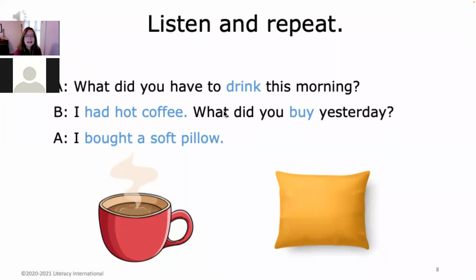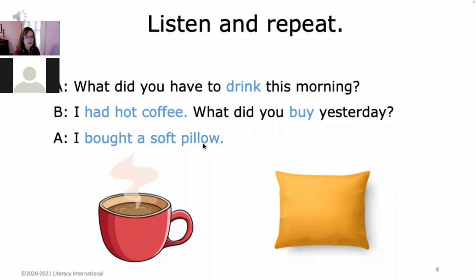So we can start to get them to use these to talk about their own personal experiences. And so we use exercises like this, where we'll be swapping out the words in blue and students can substitute their own words. So what did you have to drink this morning? I had hot coffee. What did you buy yesterday?